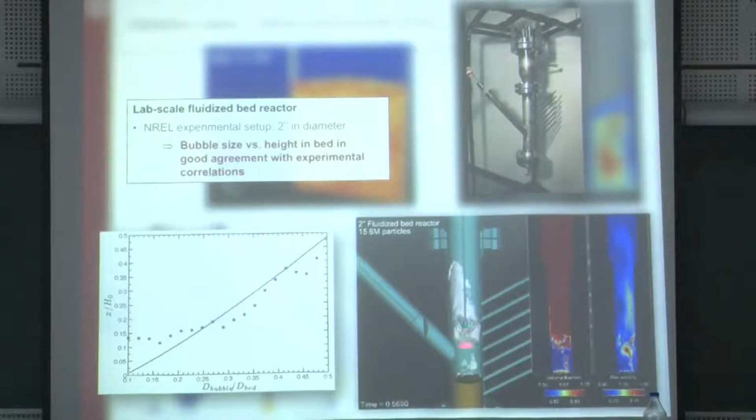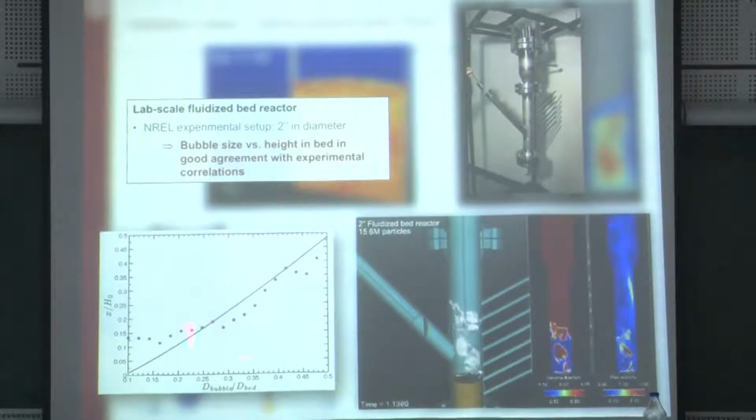So we developed a bubble tracking algorithm that followed those bubbles, and then we collected statistics on them. The experimental correlation, I should have provided the reference, but I can look it up if you're interested. The experimental correlation is the black line here, and our results seem to follow pretty well with this, at least in the top part of the bed.